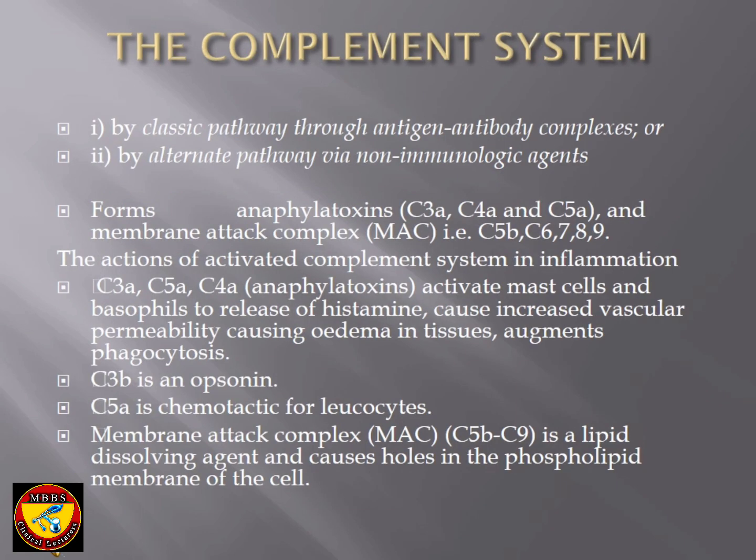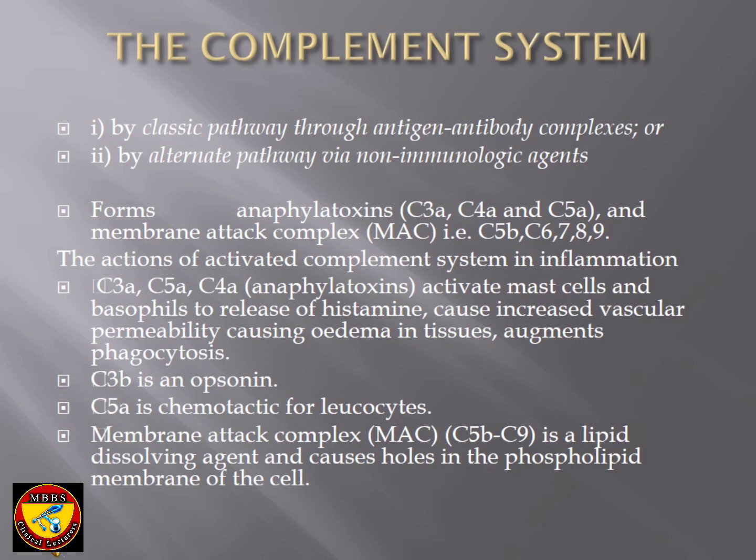Now the last system is the complement system. This complement system is activated by two pathways. One is the classical pathway, through which antigen-antibody complexes are formed, and then it activates the complement system.